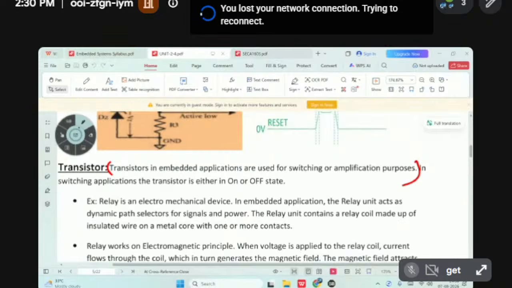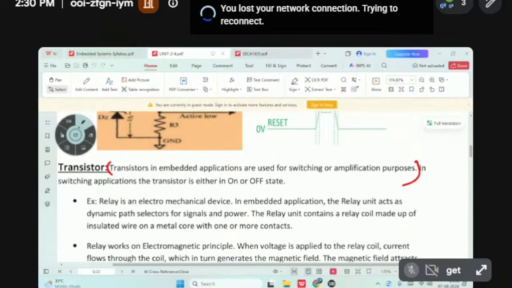So generally, in our embedded applications, we can use the transistors to have the switching operations, right? To have the amplification operations, we can use the transistors. With the help of an amplifier, I can have the high strength signals, means it will convert the low state to high state.